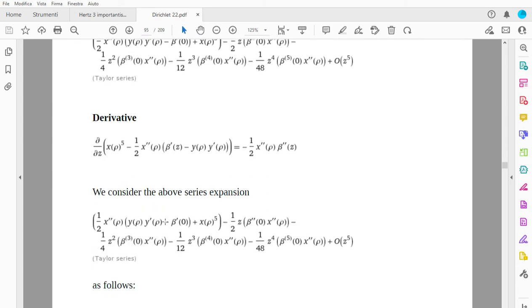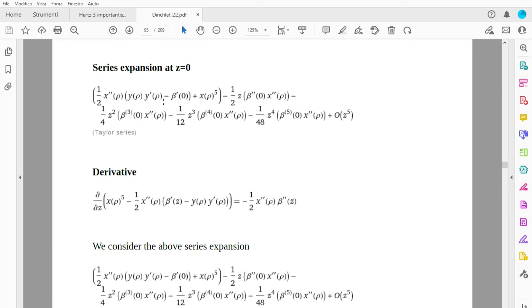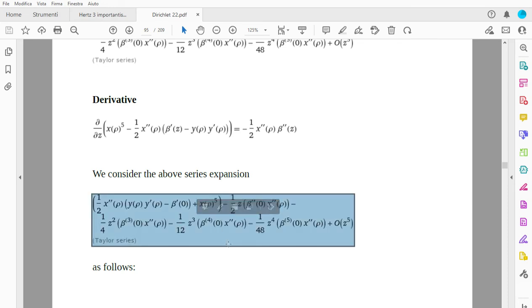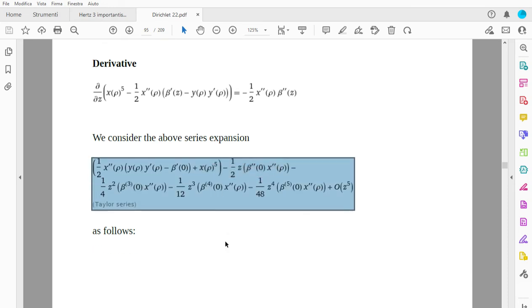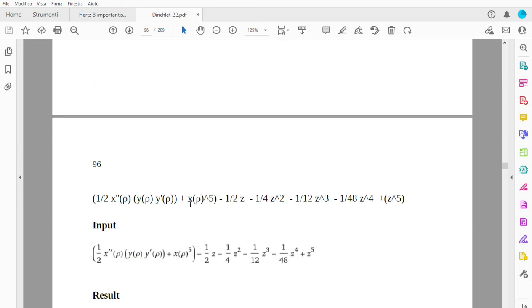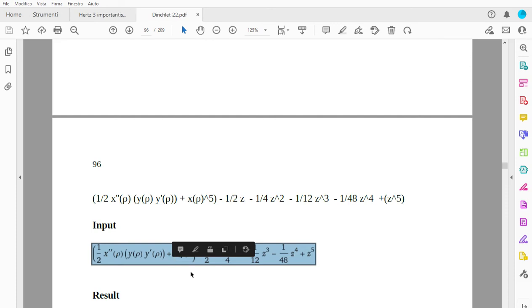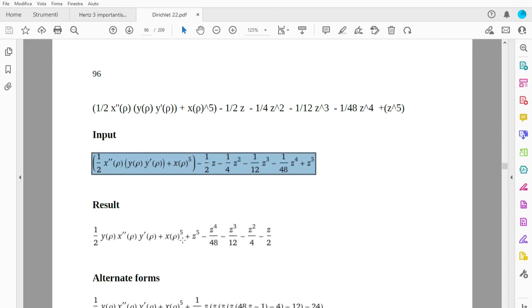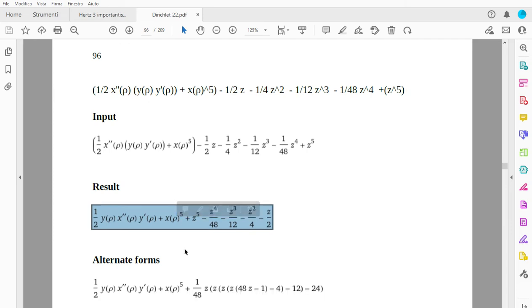We consider the above series expansion, that is, we consider this expansion as follows. The result is the following.